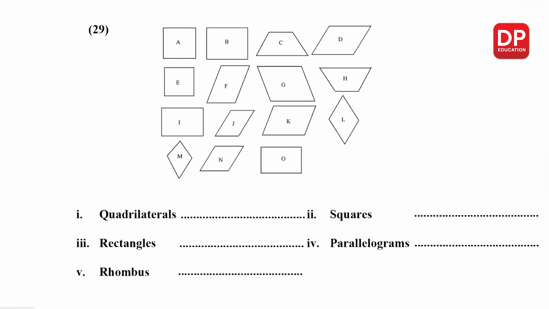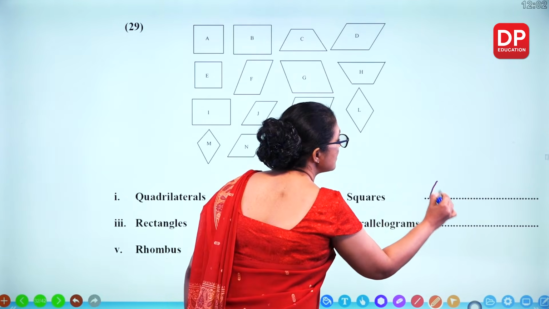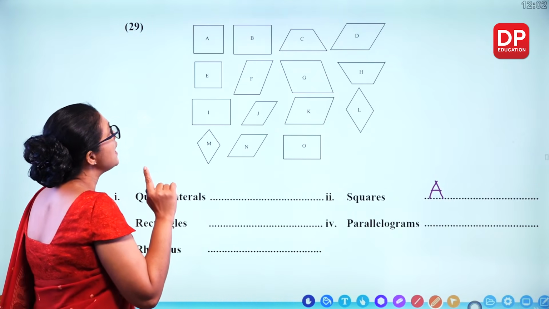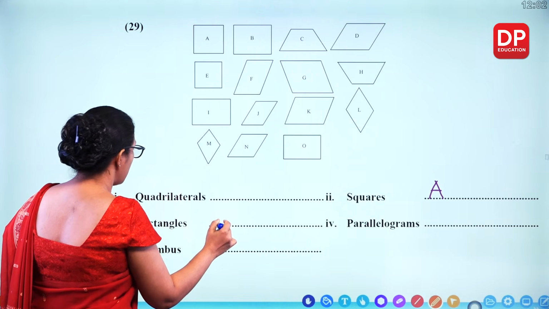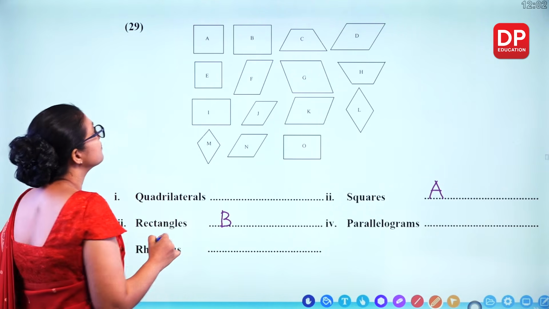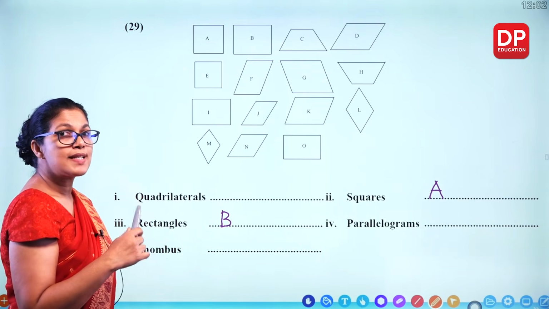Look at these figures. Identify quadrilaterals, squares, rectangles, parallelograms and rhombus. A looks like all sides are equal. That's a square. B, opposite sides are equal. That's a rectangle. C, the gap between opposite sides is equal.